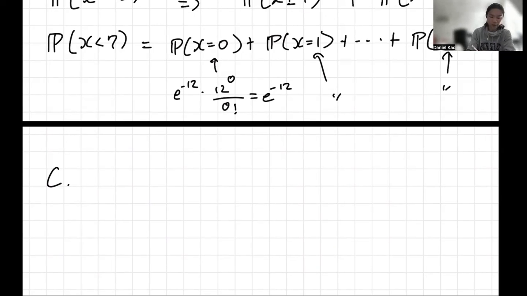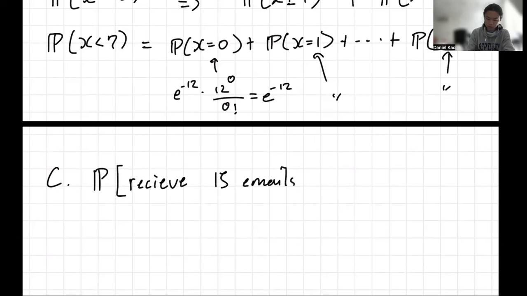So what we're asked to find is the probability that we receive 15 emails on day X, and X equals 8, right?